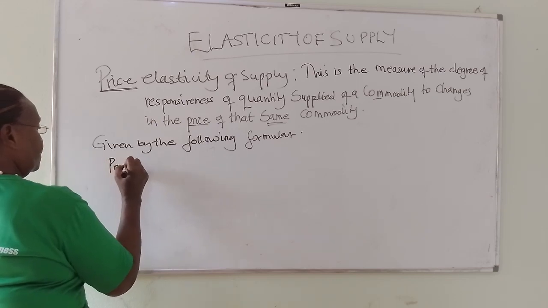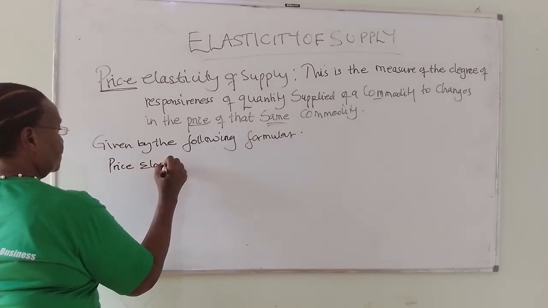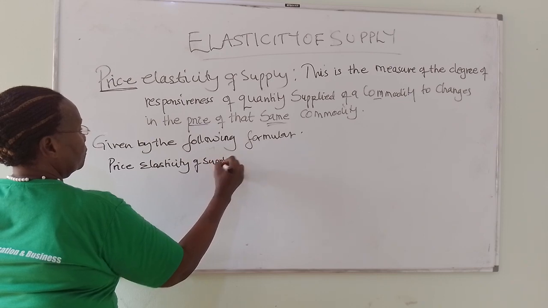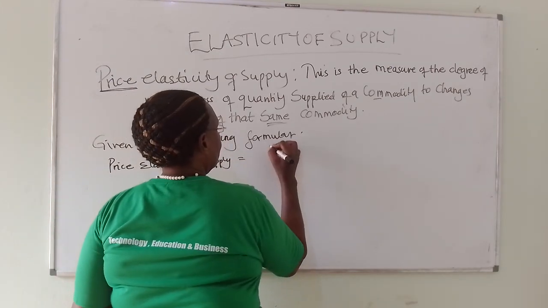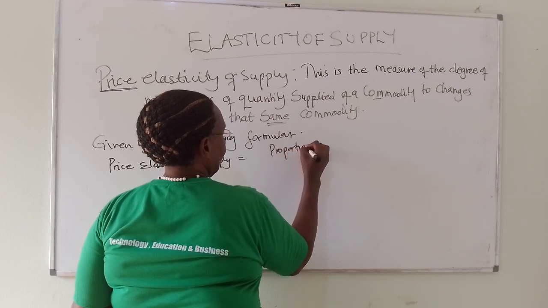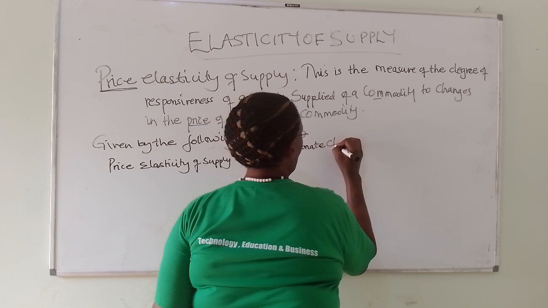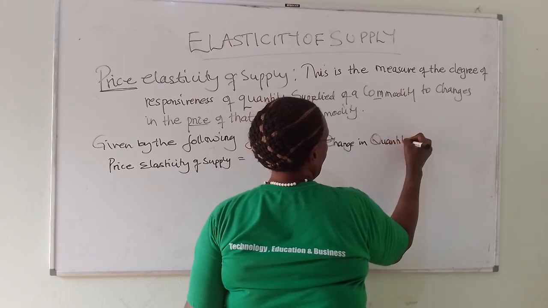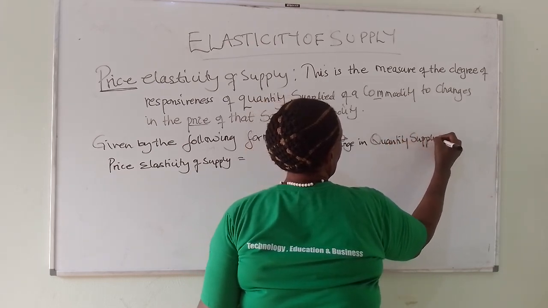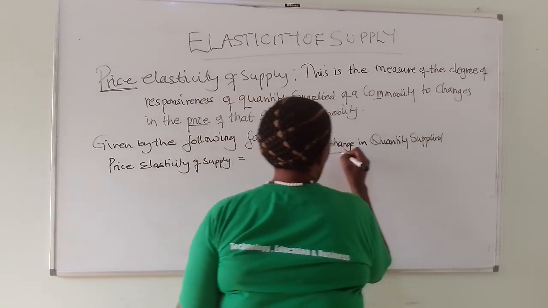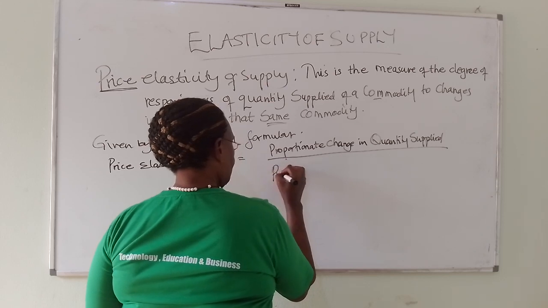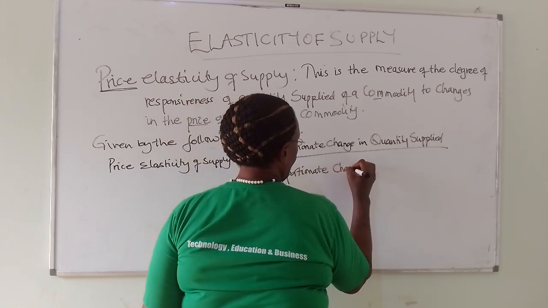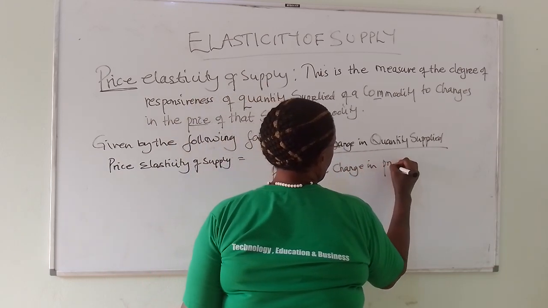Price elasticity of supply is given by proportionate change in quantity supplied divided by proportionate change in price.